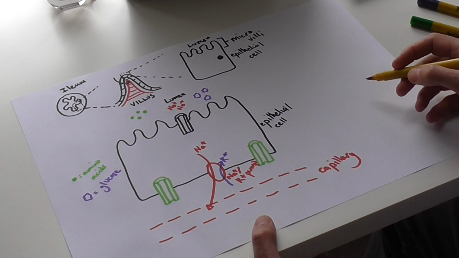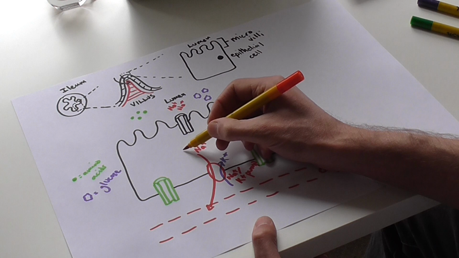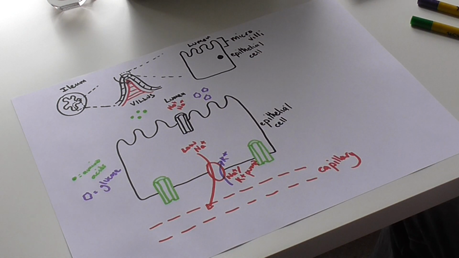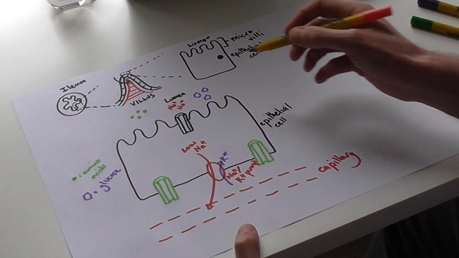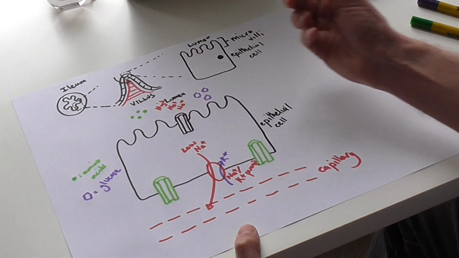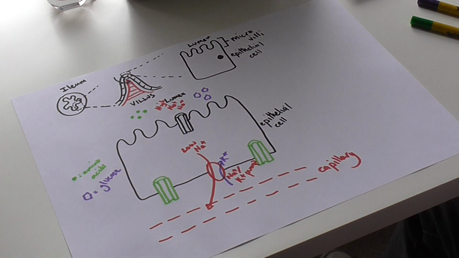The significance of this is that the concentration of sodium ions inside the epithelial cells is now relatively quite low in comparison to the concentration within the lumen of the ileum. And so what's happened is a concentration gradient has been set up and established.